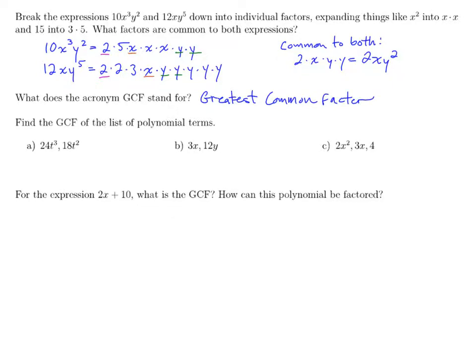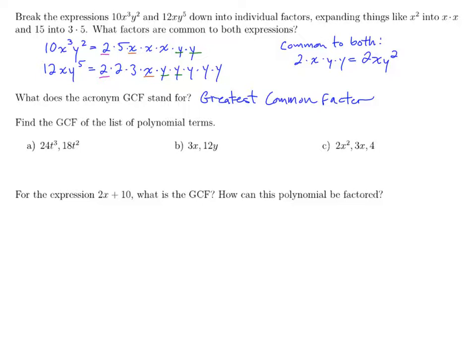All right, so in this next part, we're going to find the GCF of the list of polynomial terms. We have a couple sets here. This first one has 24t cubed and 18t squared. Now, we can go through a process as formal as we started with, but in general, we're going to look at the numerical coefficients of each of our terms, and then we'll look at the variables and the exponents and deduce what the greatest common factor is.